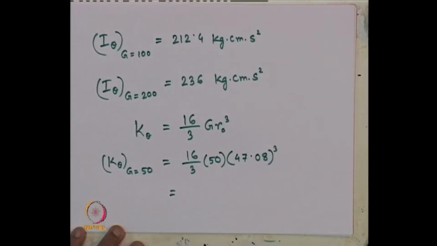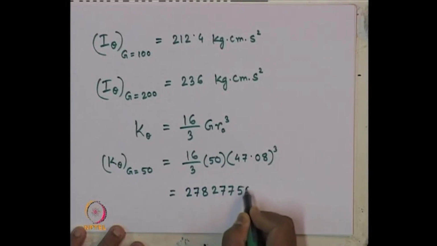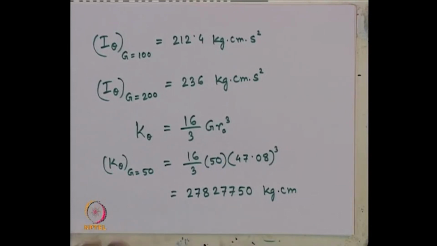How much we are getting? 27827750. Okay. What is the unit? Kg force centimeter. Again, this is a torsional spring, so it should have this unit.